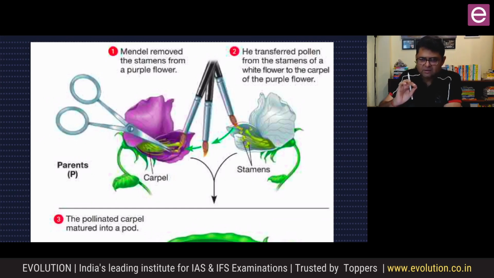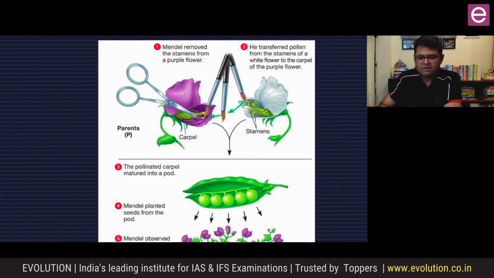Let the carpel be there, let the female part be there, and now the female part has no chance of getting pollinated by its own, the same flower's pollen. And then he brought pollen from the stamens of white flower to the carpel of purple flower. And here you go, you have introduced the reproductive propagule from the other variety. Now it will be interesting to see what happens to the next one.